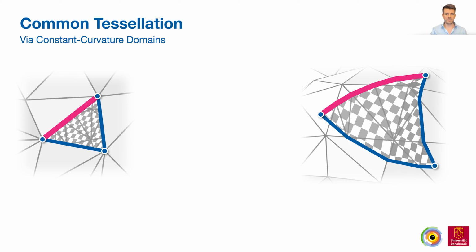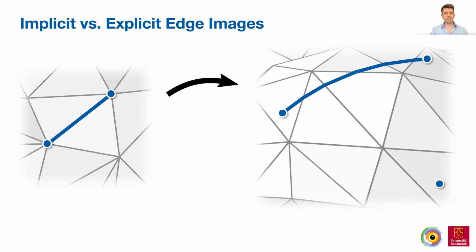One final remark. Notice that the way of representing a homeomorphism by means of interpolation with respect to some intrinsic coordinates or metric essentially defines the images of A's edges on B in an implicit manner. Which edges of B they cross in which order depends on the metric. The representation via common tessellation we just added instead explicitly represents intersections between edges of A and B, to have all this combinatorial information readily available.